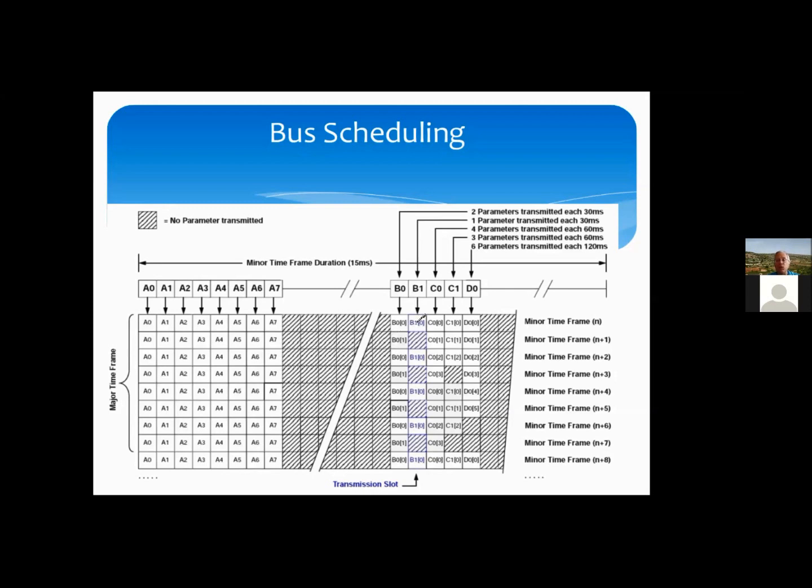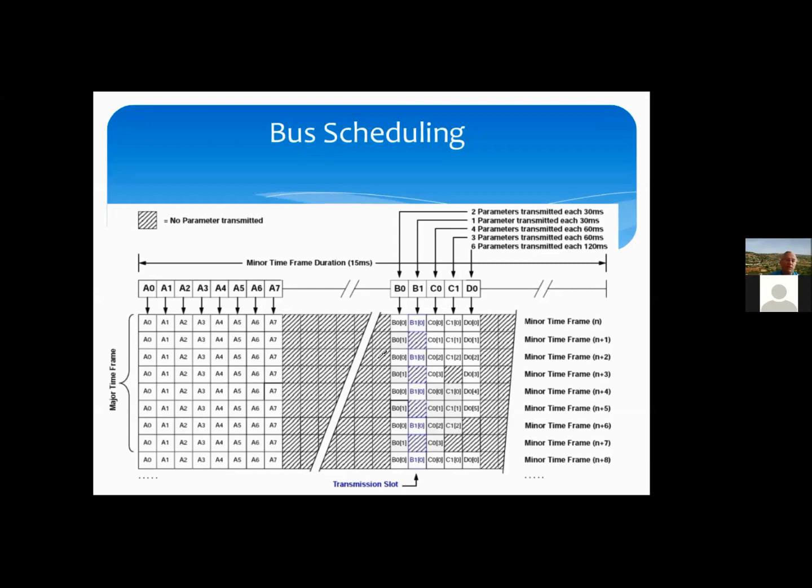B1 data only has 1 kind of data, but it's not any more important than the B0 data, and therefore it'll just skip every other frame. For C, I've got 4 different kinds that are going to switch off. C1 has only 3 kinds, so every 4th slot I'm just going to leave alone, and so on. This gives you a choice of how frequently you want to send data.